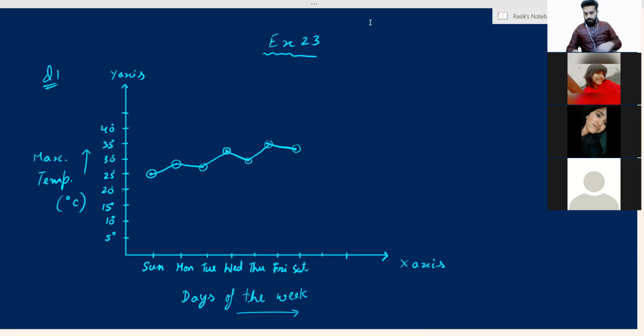Start doing the third one. Are you all doing the third one? Yes, sir.